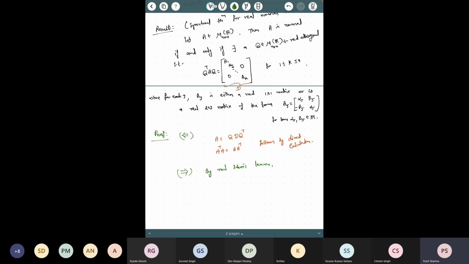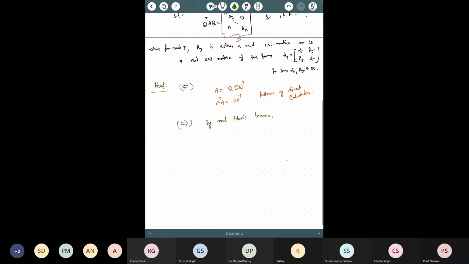By real Schur's lemma, let me write, there exists Q, real orthogonal, such that Q transpose AQ is block upper triangular.